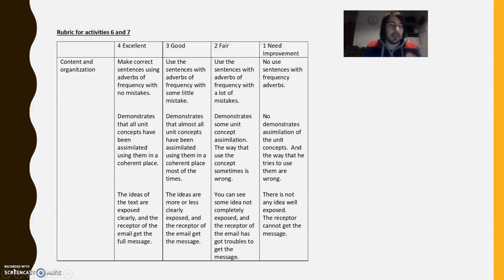And in activity 7, excellent will be demonstrating that all unit concepts have been assimilated, using them in a coherent way. On the other side, a lower level demonstrates some assimilation of the unit concepts, but the way he tries to use them is wrong. And this is applied for the other degrees, good and fair.